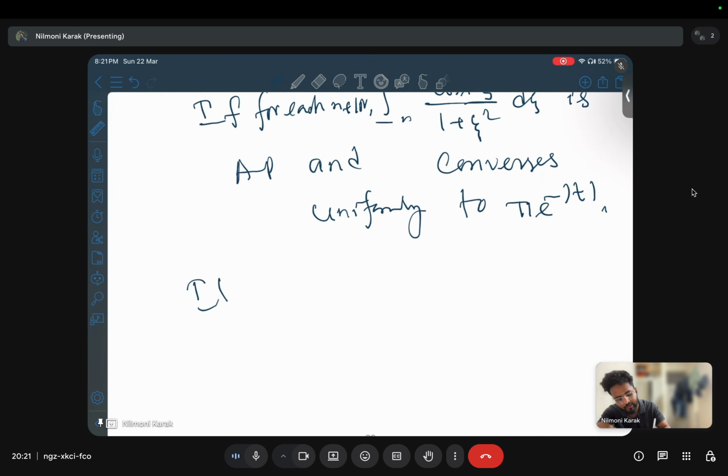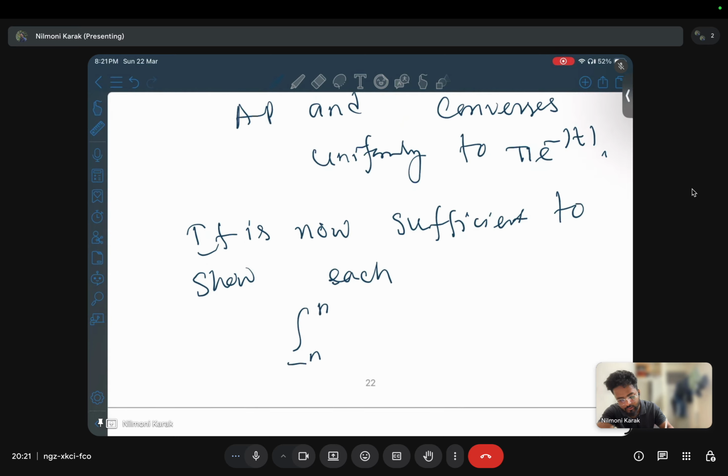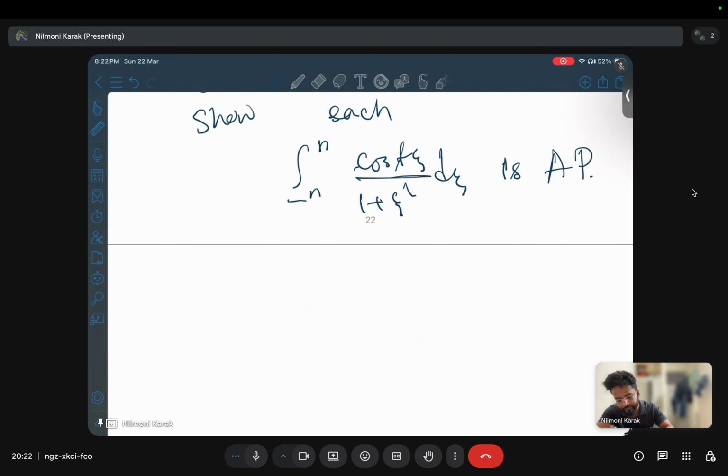So basically it is now sufficient to show each of these is AP. But this is Riemann integrable, right?